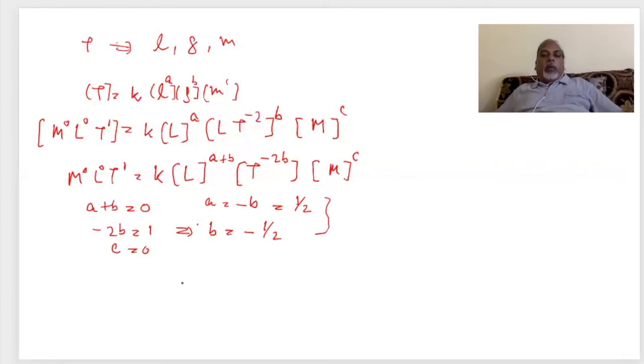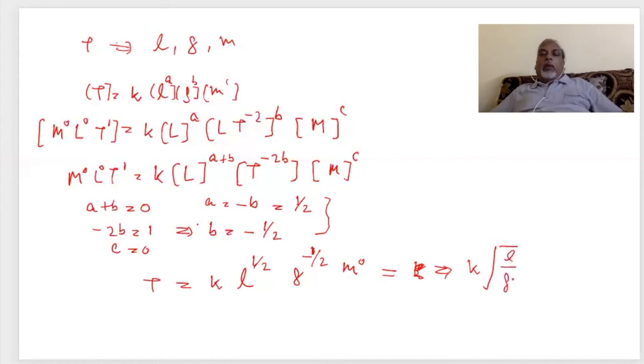Now let us put these values here. L to the 1 by 2, g to the minus 1 by 2 and m0. This will give you K root L upon g.